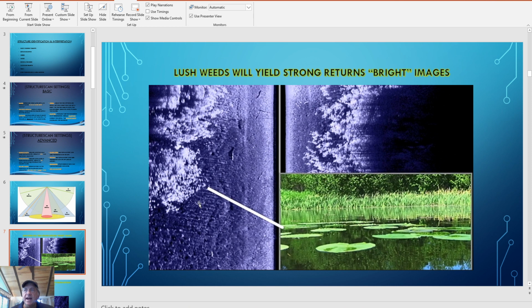The darker areas are where there's voids in the weeds, like right here. We'll talk more about that. That's a little cut within the weeds. And then there's some more over to the right, but they're not as heavy, and not tightly clustered as here. So that's an image that shows you clearly what you should expect to see when you have weeds such as those.